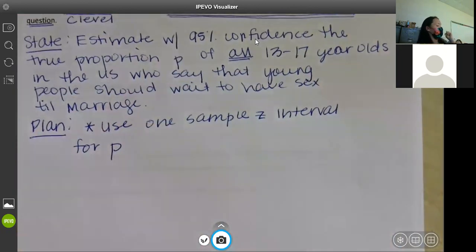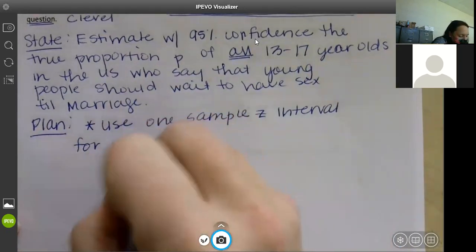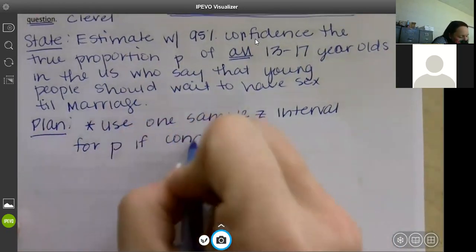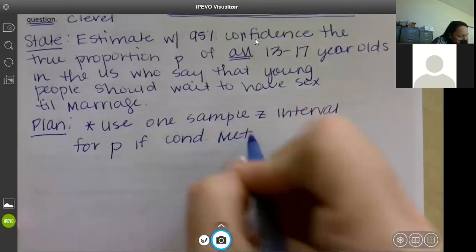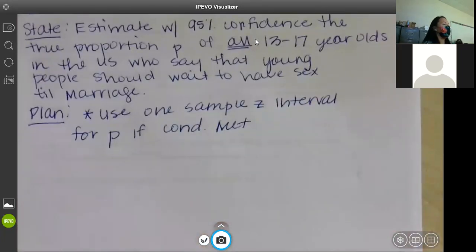So that's what it said, a one sample Z interval for proportions if conditions are met. So I'm gonna go back over these two because all the rest you should know how to do fairly easy.